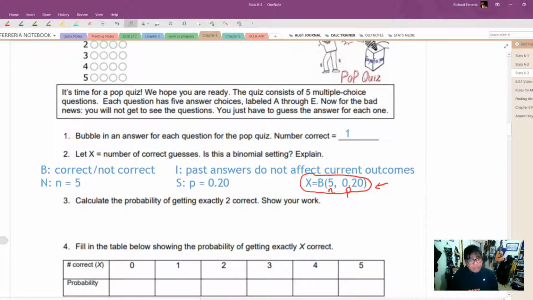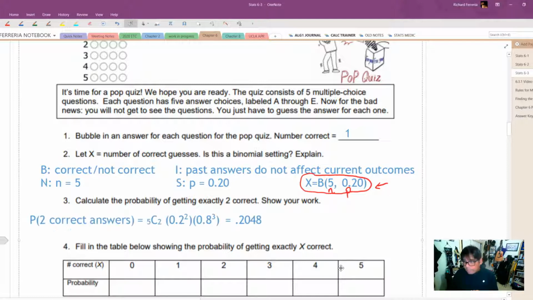Next, calculate the probability of getting exactly 2 correct. We learned last time that we could write 5 choose 2, times 0.2 to the second power, times 0.8 to the third power, and that gives me 0.2048. But there is another way of doing this.